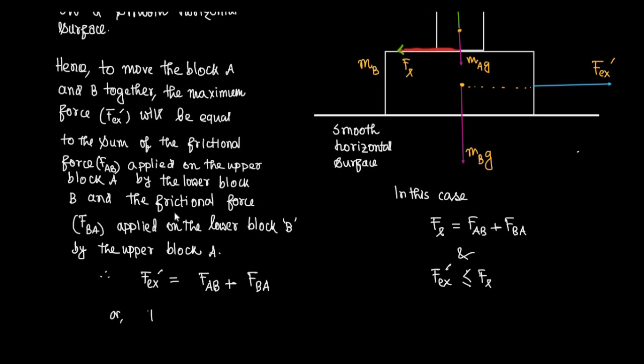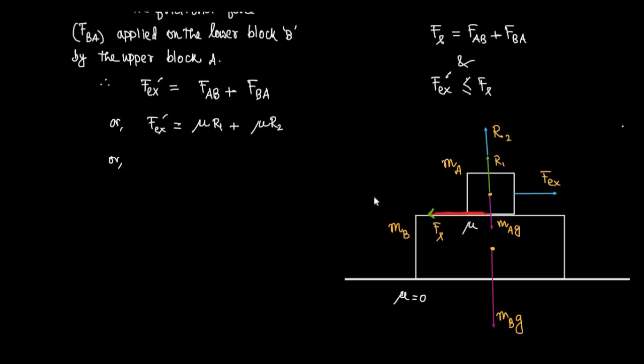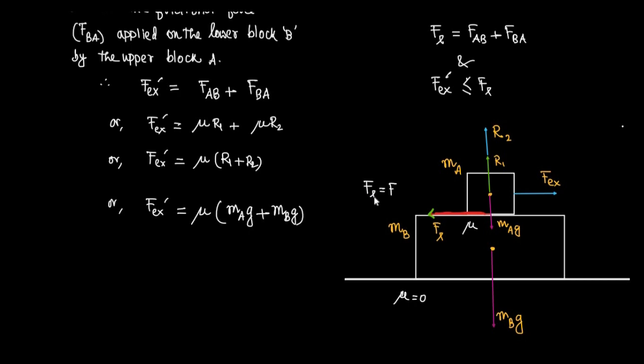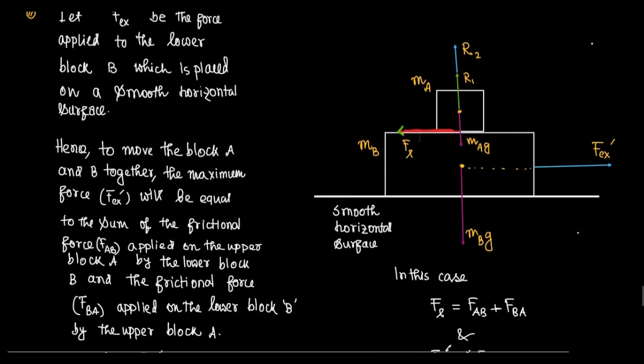Fex prime is equal to mu R1 plus mu R2, or mu into R1 plus R2, that is mu into Mag plus Mbg, or mu into Ma plus Mb into g.